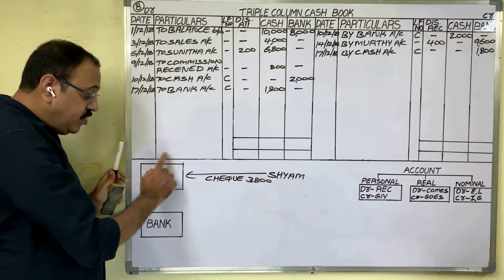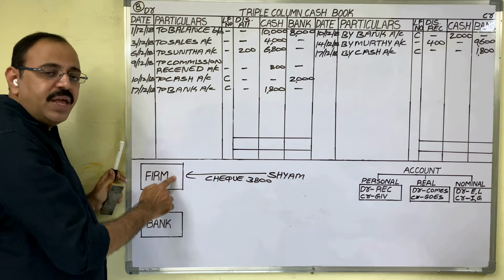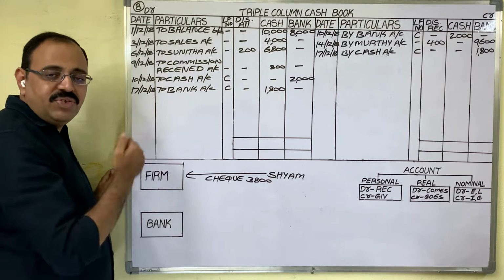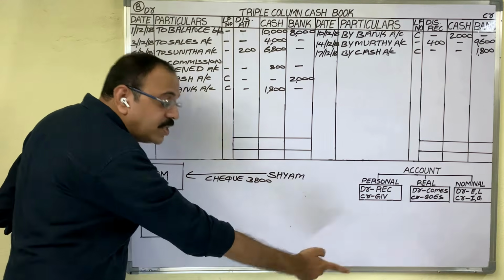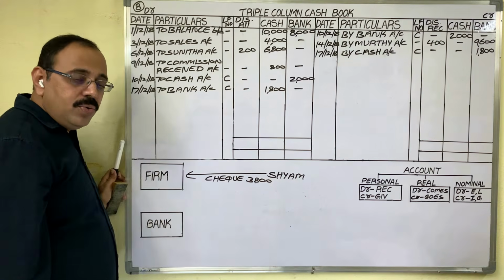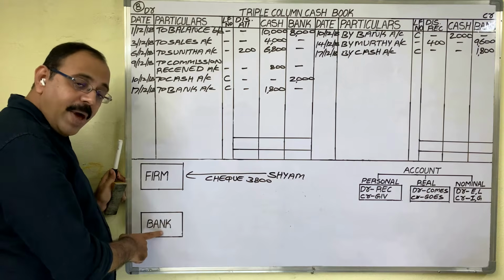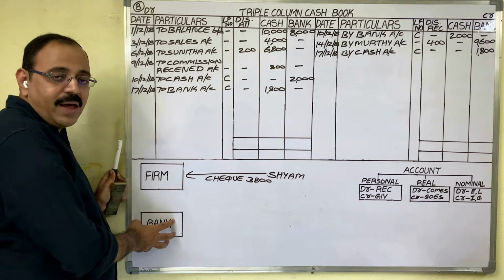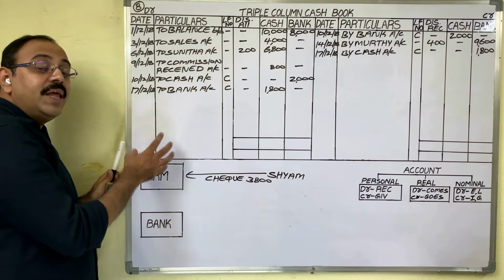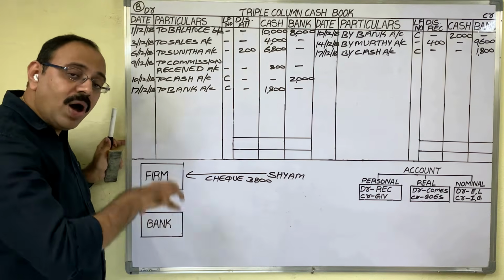But as we are running business, daily so many checks we receive in this manner. We cannot go to all those persons' banks now. So what we do? We are also maintaining one bank account. So these checks we send to our bank. That is called depositing the checks into our bank.